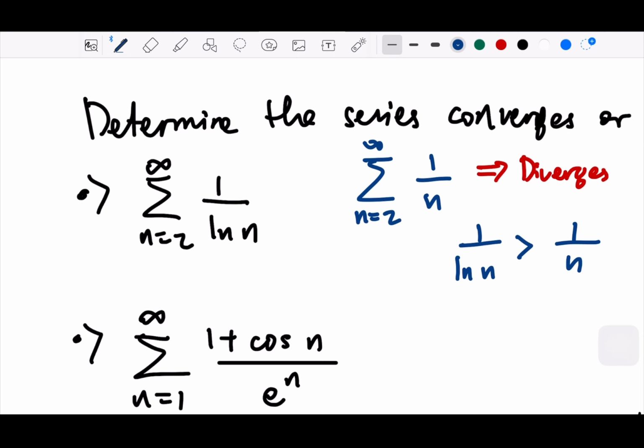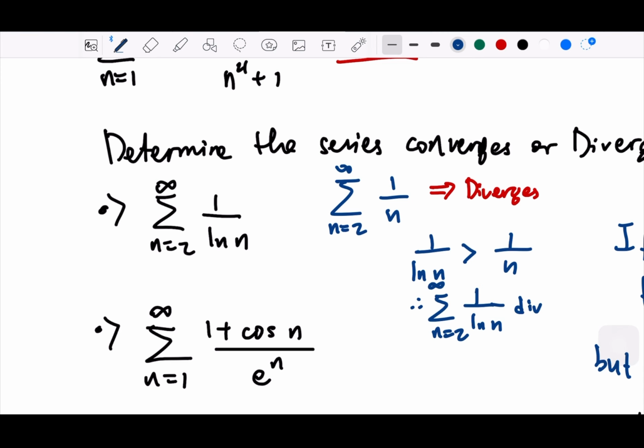Because ln n, if you start from 2, gives decimals, of course it will be greater because it's the reciprocal. So because of this, as a conclusion, this series diverges as well. So also diverge.